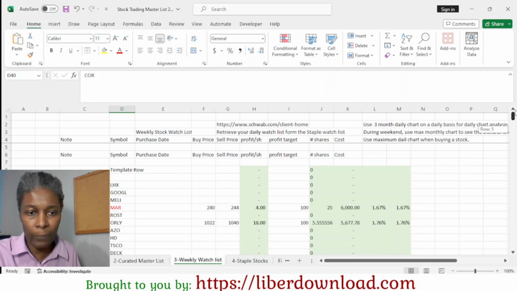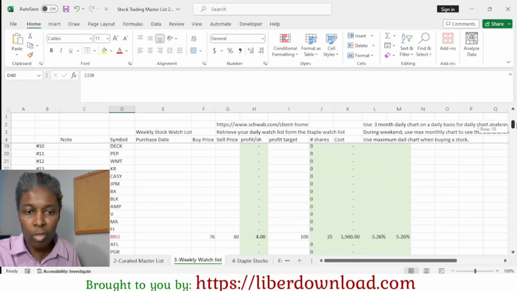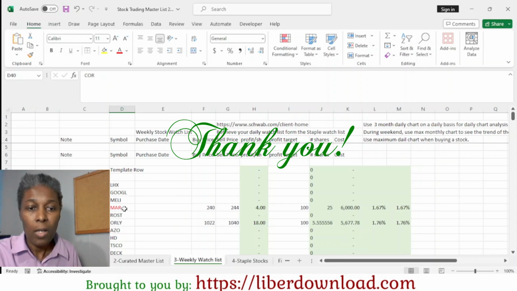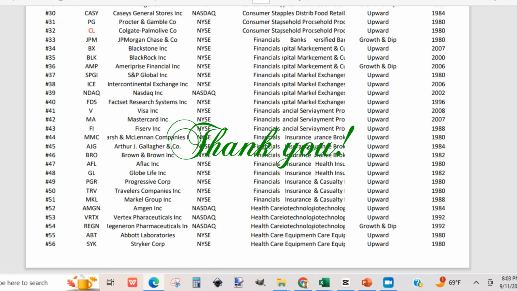So far we found 3 potential ones for Monday that we'll see, but it may not follow our expected trajectory, and we will not buy. So, but yeah, thank you.